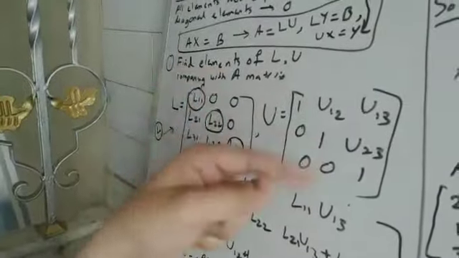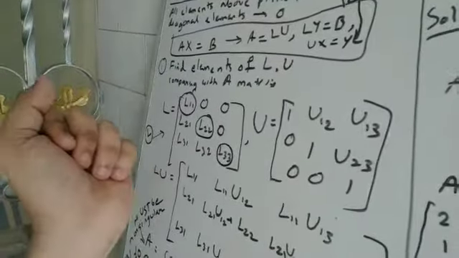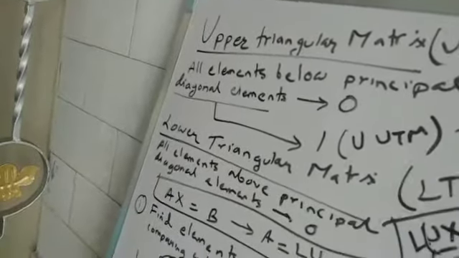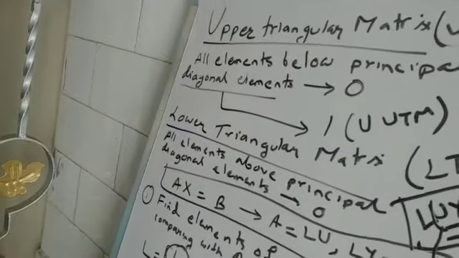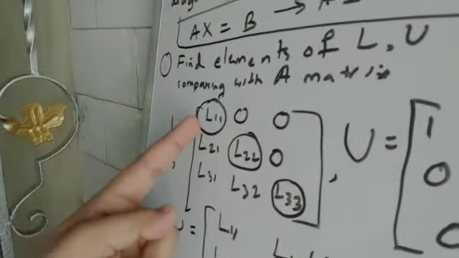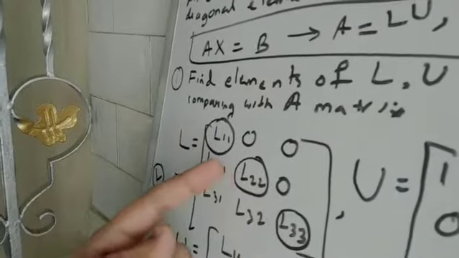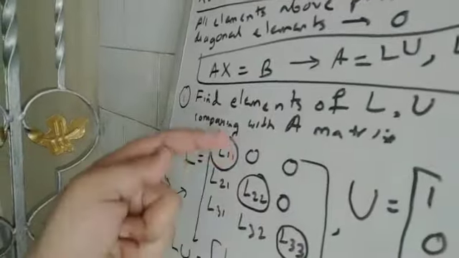And if I take a 3 cross 3 square matrix, then it will be like this. Why have we kept 1? I will come to that later. So this is your upper triangular matrix. Now what is a lower triangular matrix? Same thing, just instead of below, you write it above. So all elements above the principal diagonal elements should be 0.